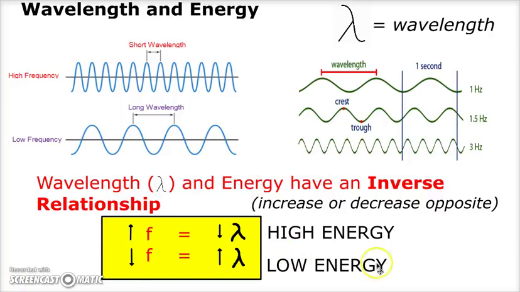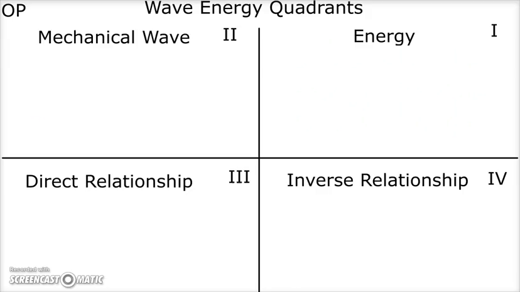So now that you've gone through all of these notes, make sure that you have at least 3 questions and a summary to answer the essential question. When you're finished, you will start your output page that shows me that you understand the notes. On the OP side, title it Wave Energy Quadrants.